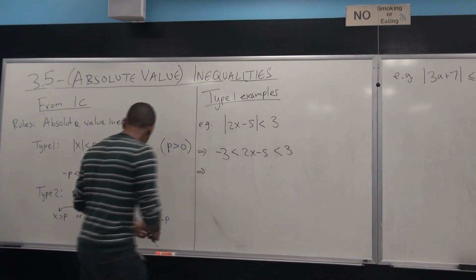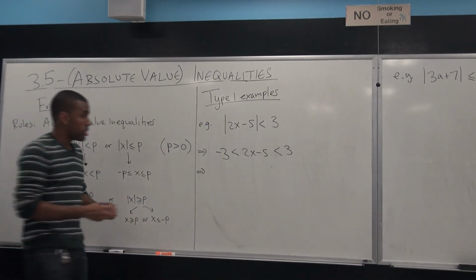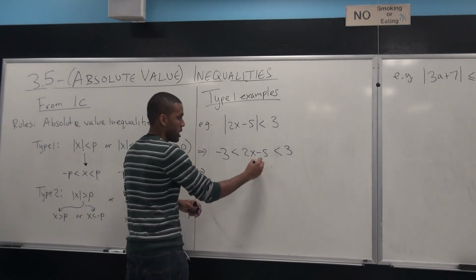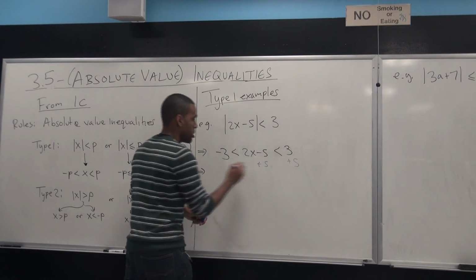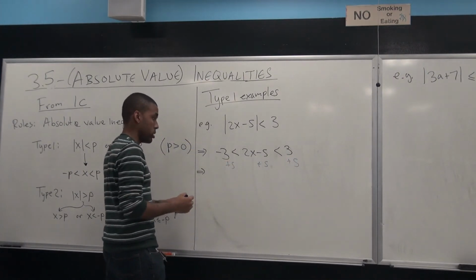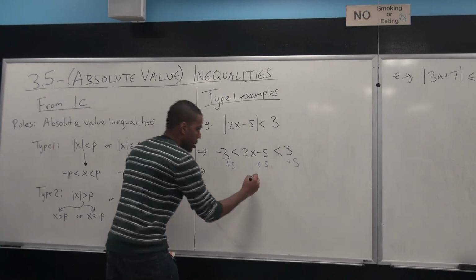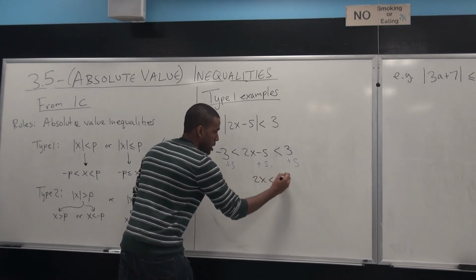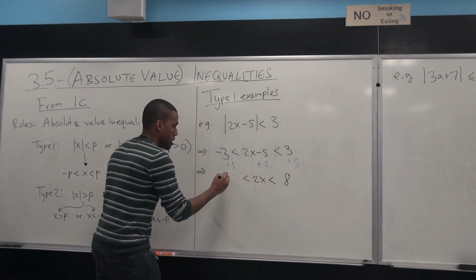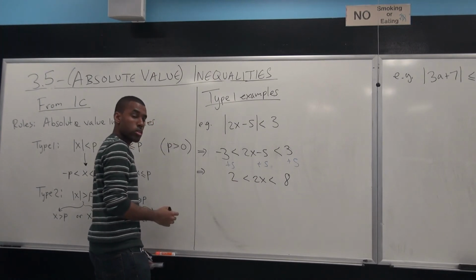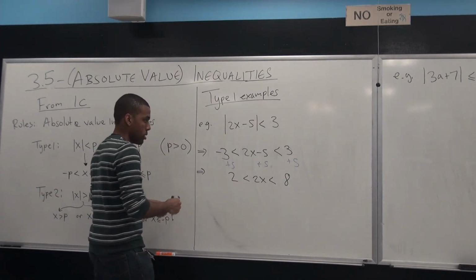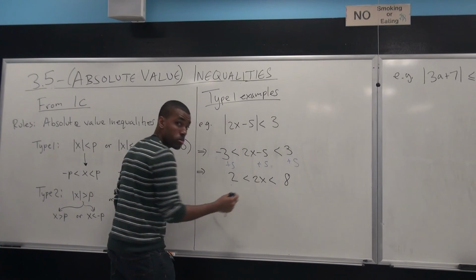So you literally add 5 everywhere. I want to solve for the x, so I'll add 5 in the middle, but I have to add it to both ends as well. So I do that, and I would get 2x. This side will give me 8. This side will give me 2.